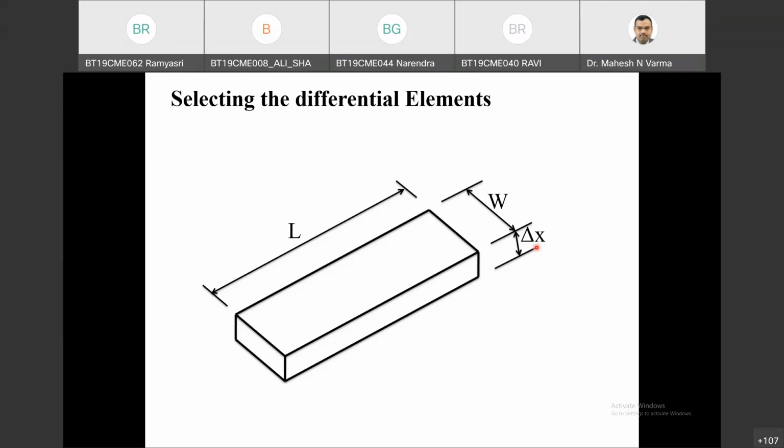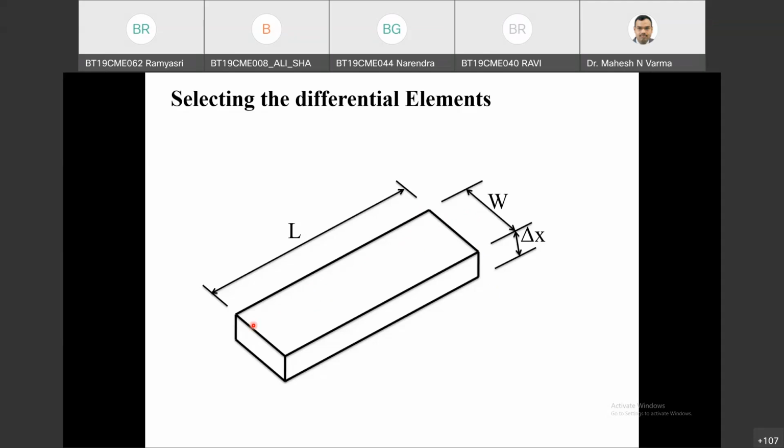If I calculate velocity at one point in y direction, it is as good as anywhere, because velocities are constant in y direction. Similarly in z direction, if I calculate velocity here, it will be constant throughout. So one calculation is more than enough for z and y direction, but my properties are changing in x direction. Hence, I will select the differential thickness in x direction only.